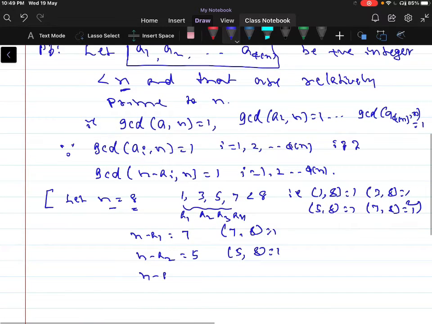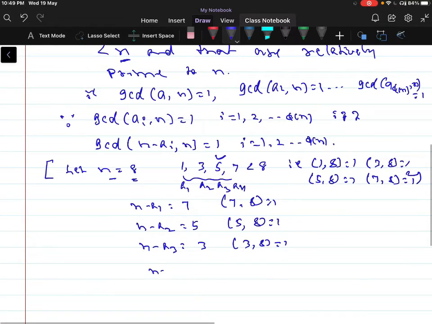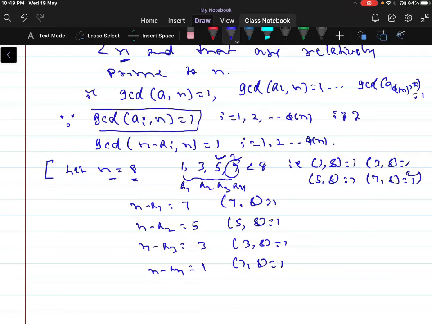Similarly n minus a3, where a3 is 5, so 8 minus 5 is 3, so GCD of 3 comma 8 is again 1. For n minus a4, where a4 is equal to 7, 8 minus 7 is 1, so GCD of 1 comma 8 is equal to 1. Therefore, since GCD of ai comma n is equal to 1 if and only if GCD of n minus ai comma n is also 1, we have verified this with the example.